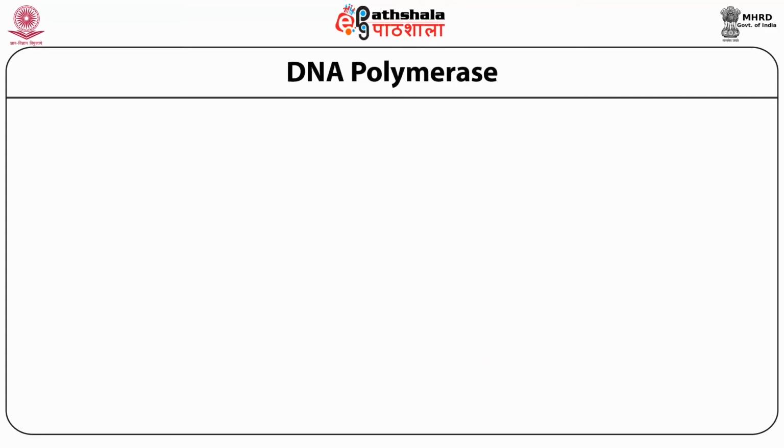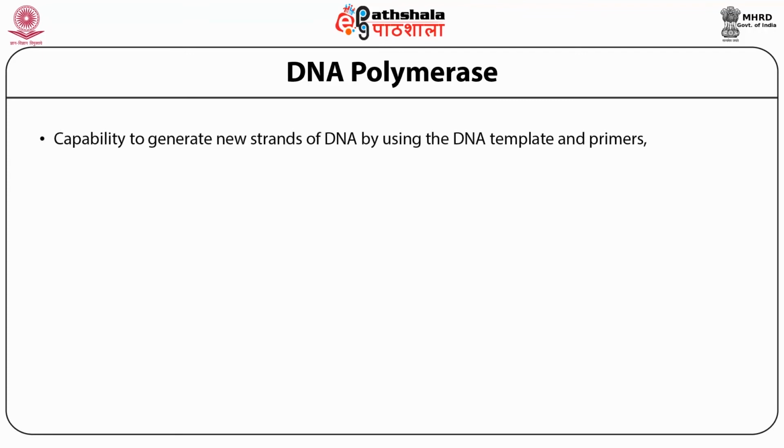DNA polymerase is the enzyme responsible for copying the sequence from single-strand DNA. The enzyme adds one base at a time at the 3' end of the primer. These enzymes should have the capability to generate new strands of DNA by using the DNA template and primers.